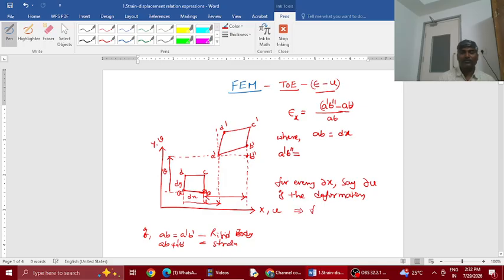For dx length, dou u by dou x per unit length, into dx, is the total change in length. So now initially it has moved u, plus this is the change, dou u by dou x into dx. So this is the final displacement.